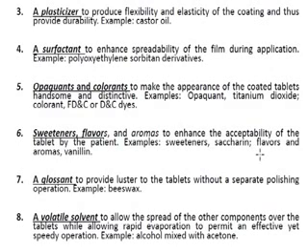Another agent is the plasticizer. Already we have discussed it. And sometimes we can use a surface acting agent also inside your coating solution or film coating. Generally, this surface acting agent is used to enhance the spreadability of the film during application. It means while giving the coating, that coating agent should spread over the surface of the tablet. That's why we are using the surface acting agent.